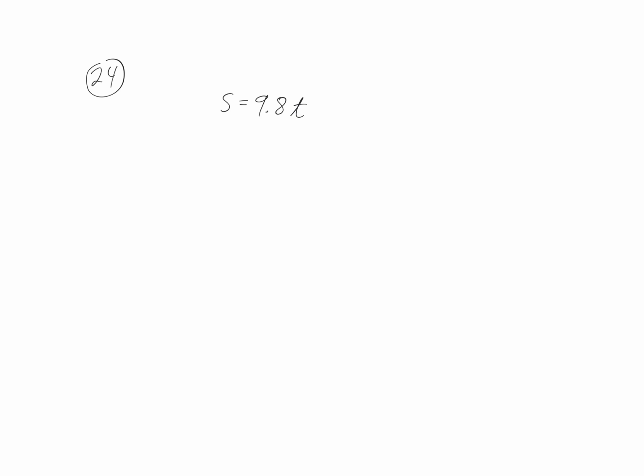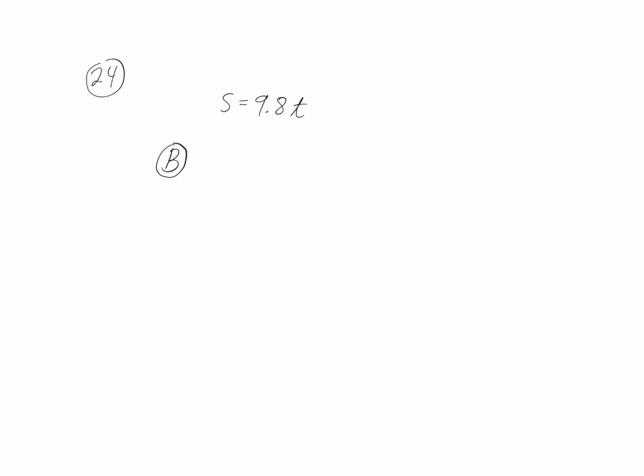Which of the following is the best interpretation of the number 9.8 in this context? A. The speed in meters per second of the object when it hits the ground. No. B. The increase in speed in meters per second of the object for each second after it's dropped. That is the right answer. We don't need to look at C and D.